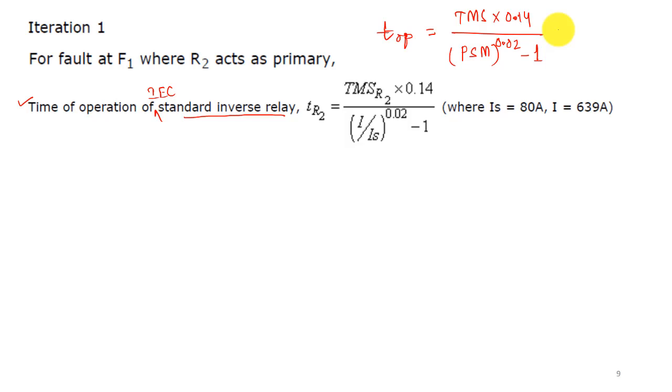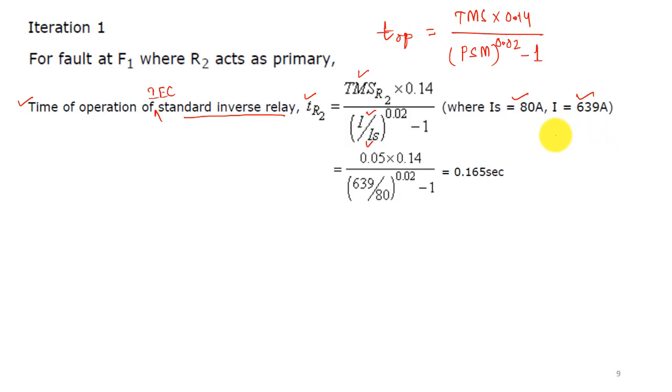Now we can find the operating time just by substituting the TMS value. TMS setting we have to choose, any random value between 0.025 to 1.2, and 0.14 is given, and plug setting multiplier we will find from the fault current, because the fault current is given and the pickup current is given, right? Here the pickup current is 80 ampere, fault current is 639 ampere.